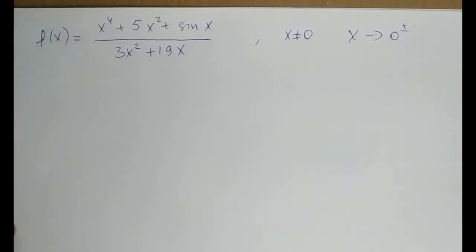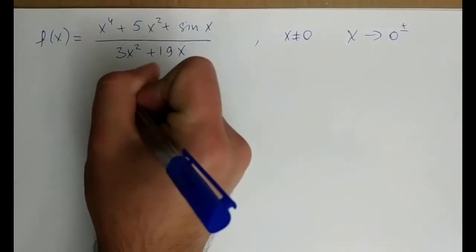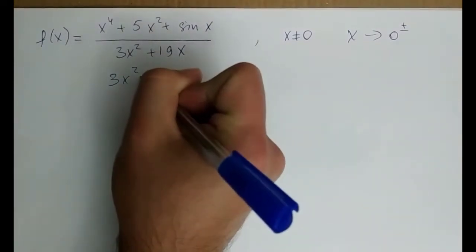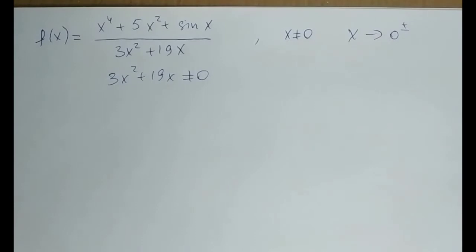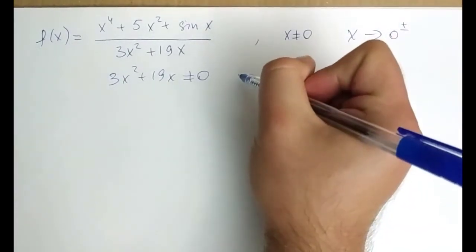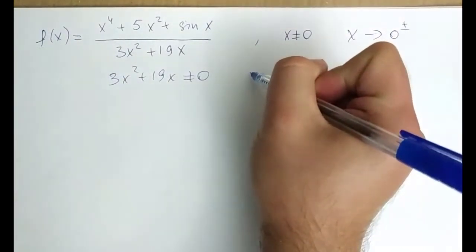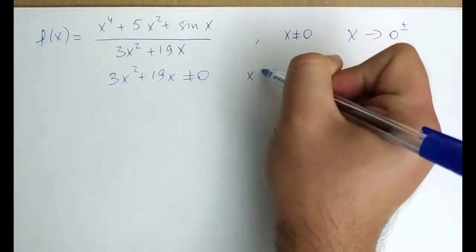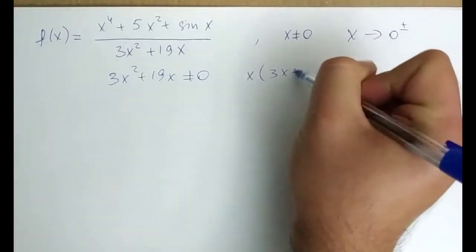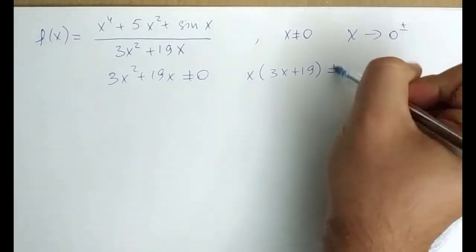So how to find the domain of this function? To find the domain of this function, in this case, the denominator is not equal to 0. So, if you take out the x, it is x, 3x plus 19 is not equal to 0.